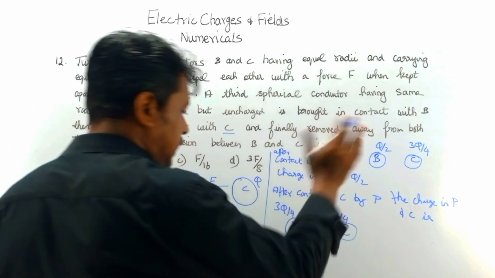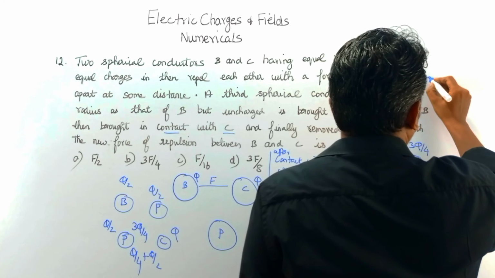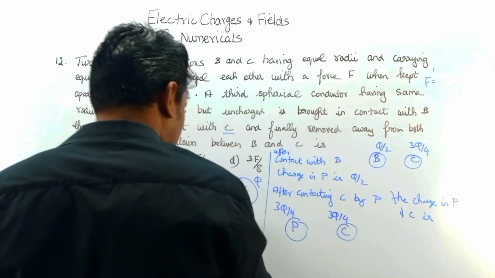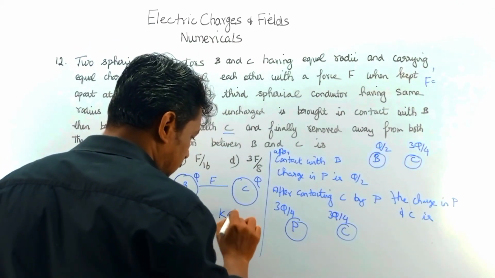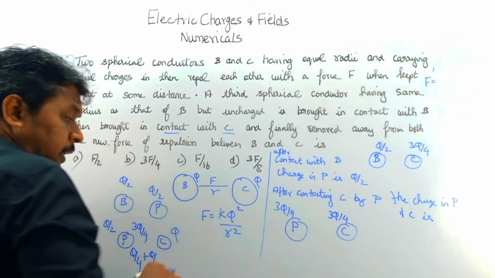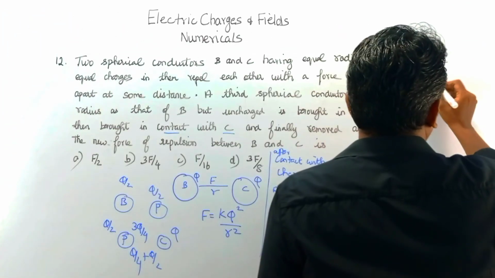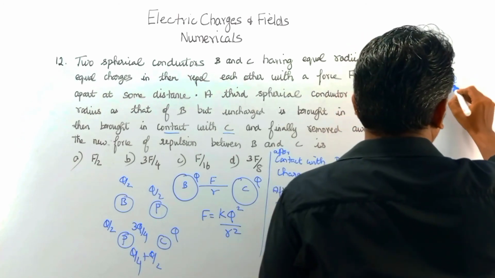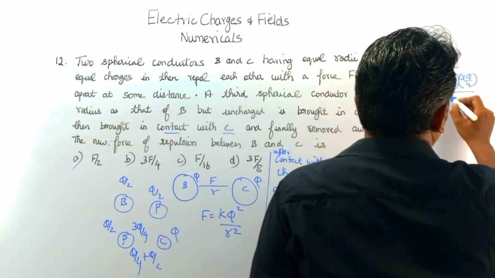So now we have to find the new force of attraction. Here F dash is the new force, because we already have F. You know that F is K Q square by, let us take the distance as R, so it is R square. Now F dash will be equal to K, the charge values, Q by 2 and 3Q by 4, by R square.